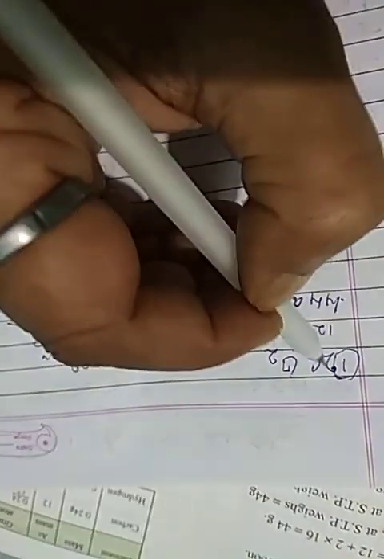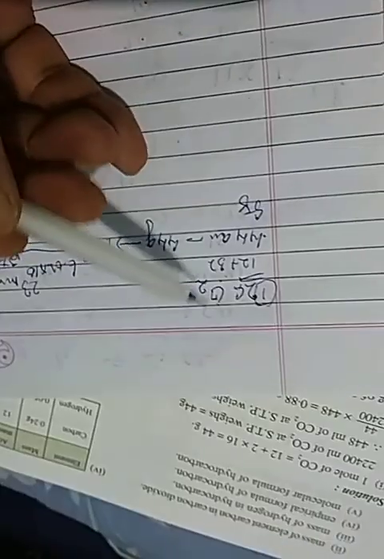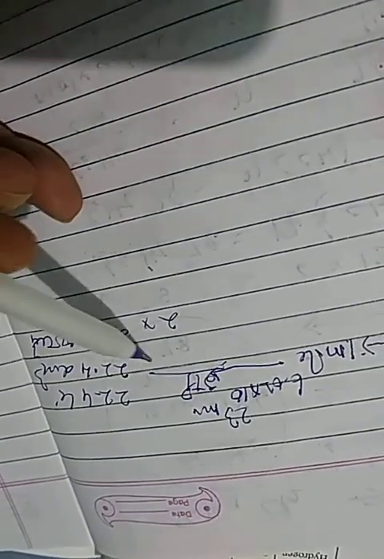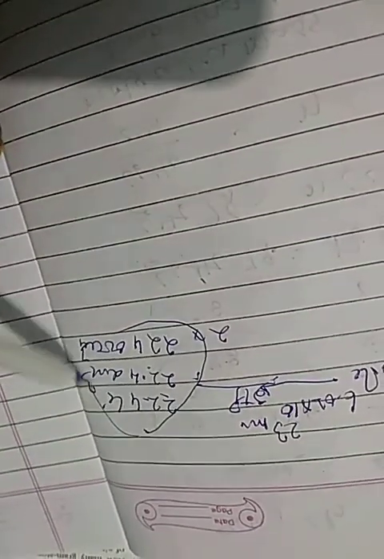If it is two moles, then obviously it will be 88 grams, and the volume of gas will be twice. If it is 3 moles, then it will be 3 times this. So at NTP or STP, 1 mole of any gas will have the volume 22.4 liters. This is called molar volume.